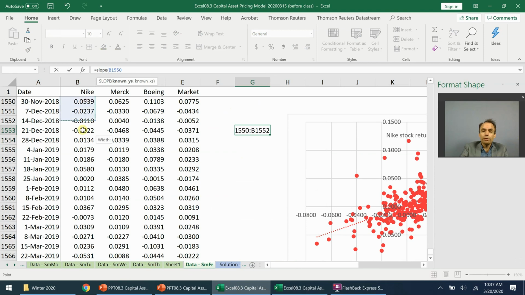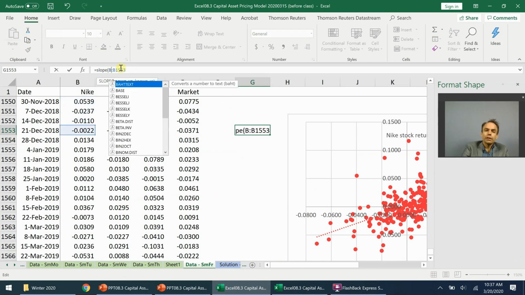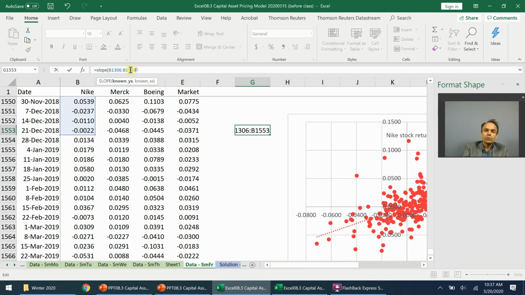We wanted rows 1306 to 1566 for Nike. Those are the Y variables. And we want rows in column E, 1306 to 1566.